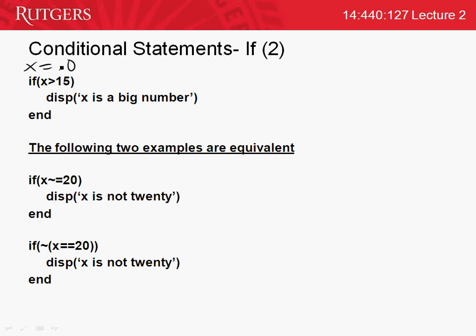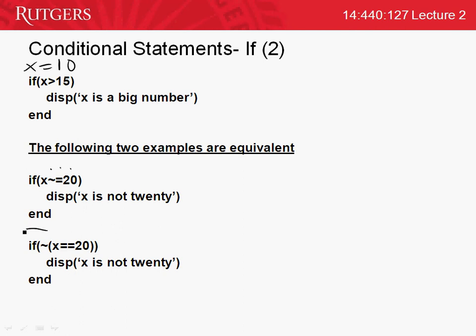If, however, x were 10, MATLAB wouldn't display anything. Right? And then also here's another example. And you're going to start to see now that, basically from now on in the course, there's more than one way to program anything. So we could say, well, if we were curious if the variable x just wasn't 20, we could say if x is not equal to 20, display x is not 20.